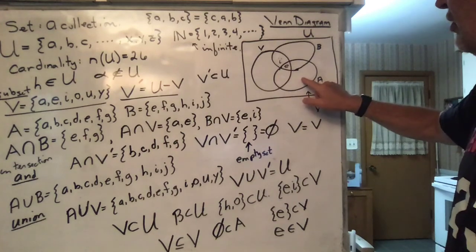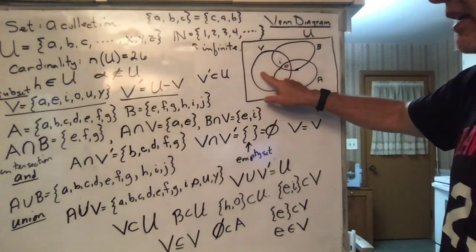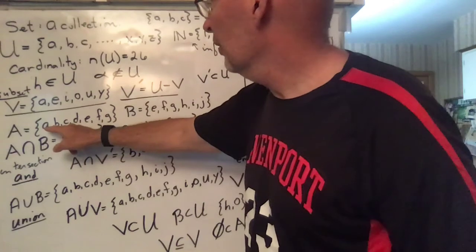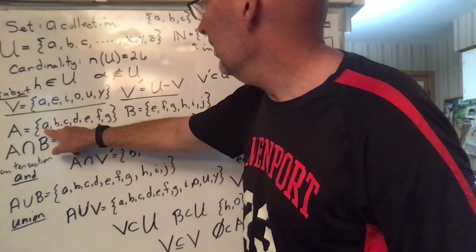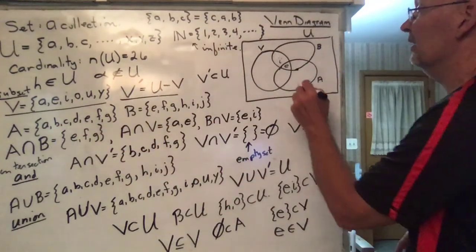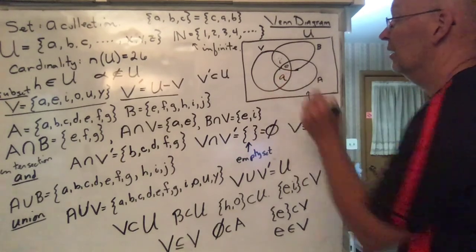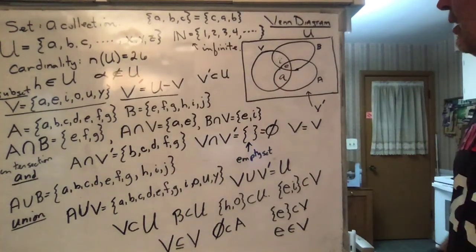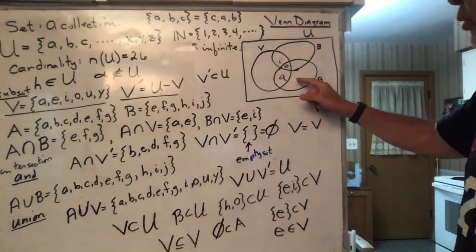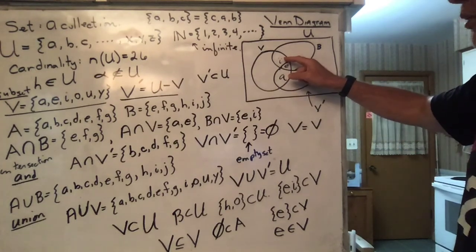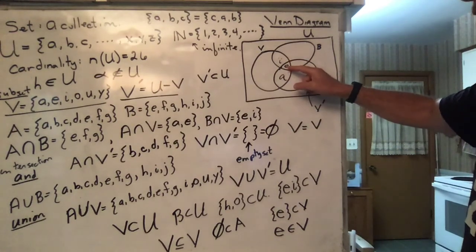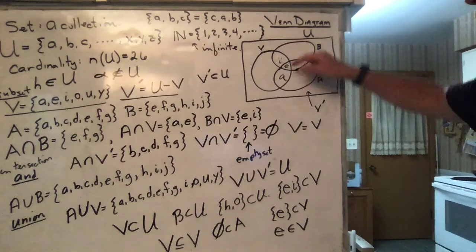Here's the intersection of A and V. So A and V would have A in it, right there. So A is in both of these, I is in both of those, and E is in all three of them. What are your other vowels?